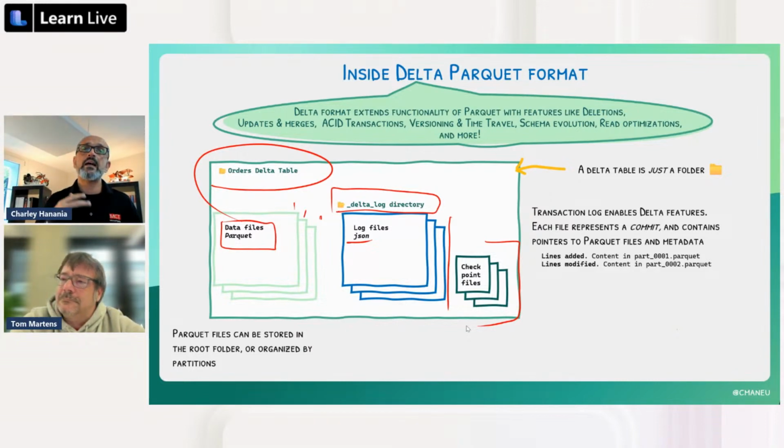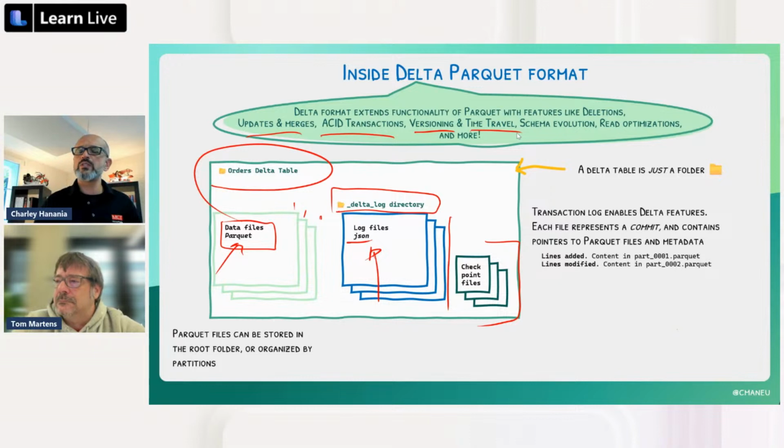Okay, and it's a mix of continuing to use Parquet and using these JSON files to actually describe what changes have occurred over time. And that then allows us to have these capabilities from ACID transactions, updates and merges to the Parquet data, or to the data that's in the data lake itself, the versioning and the time travel, moving back in time and versioning that data as well, so that we know how to get to certain changes.